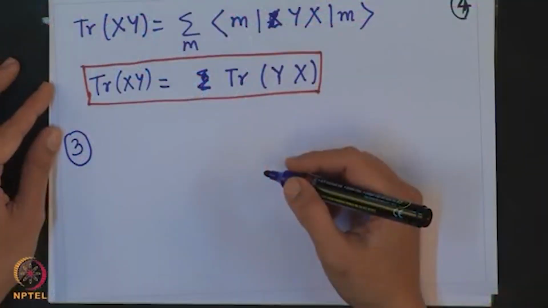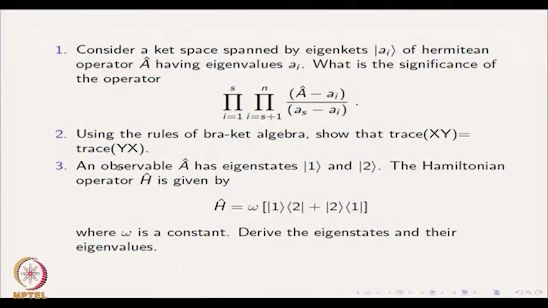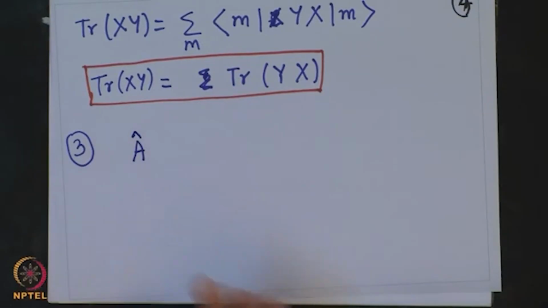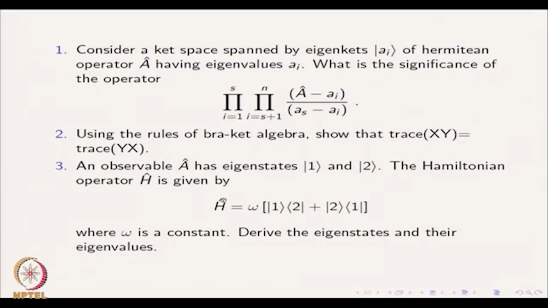Let us go to the next simple problem, which is given to you: an observable A has eigenstates 1 and 2. Observable A is given to you which has eigenstates 1 and 2, and the Hamiltonian operator.